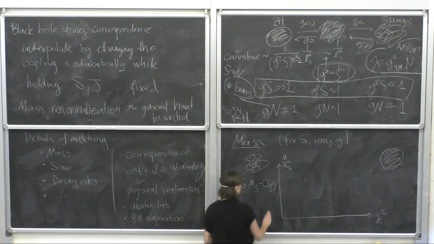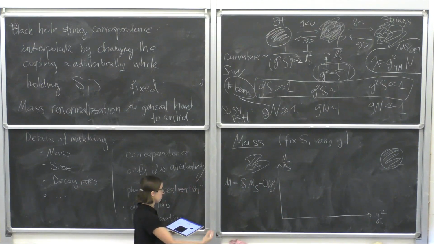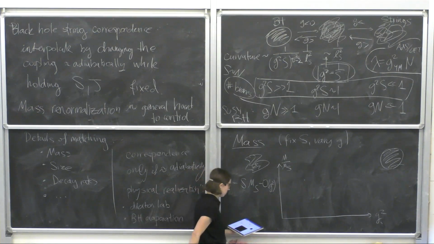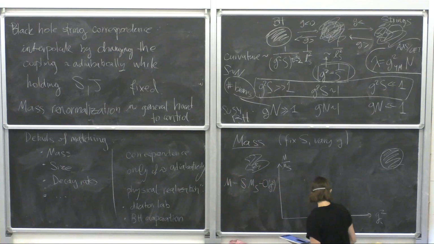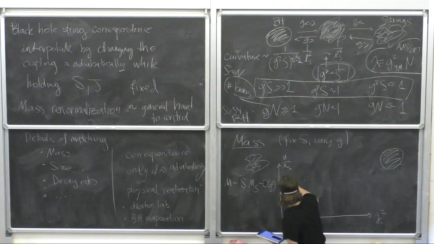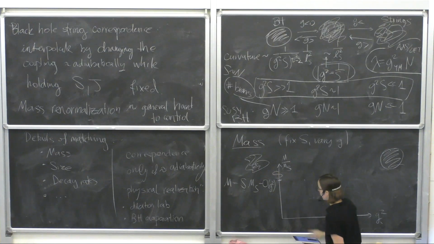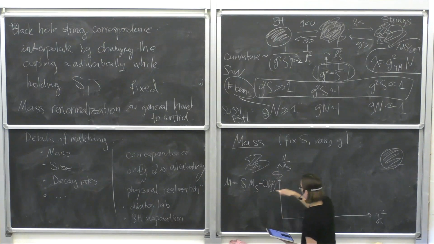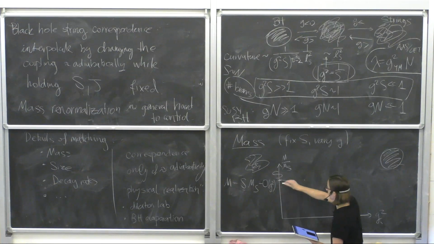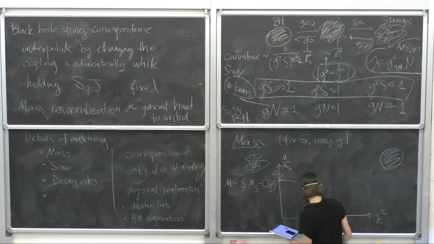These corrections come from strings evolving and interacting, and this is of order g squared. So if I start at some value of S here, that's the entropy, you can see that the mass for the string is roughly constant, and then it has an order g squared correction, which makes this tilt down a little.